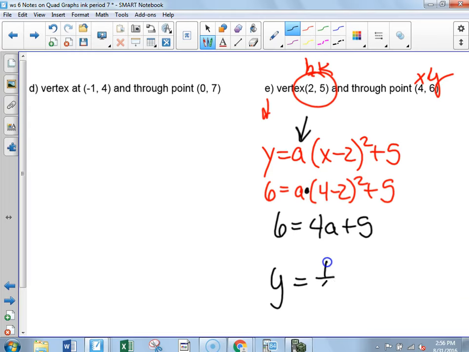Is it 1/4, guys? This is 6b. Same thing with the D. There's a bunch of those on the homework.